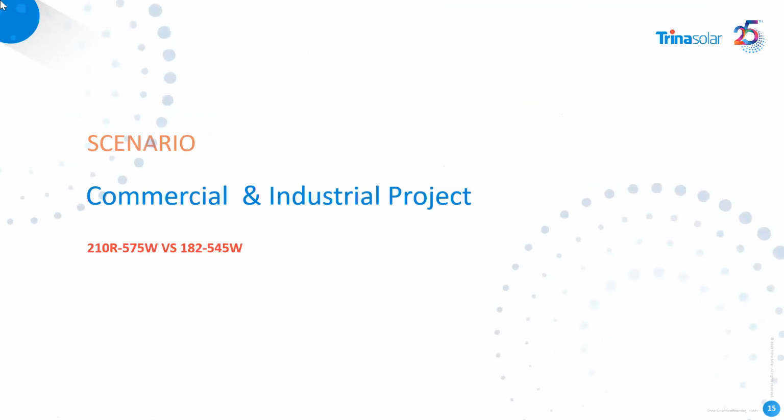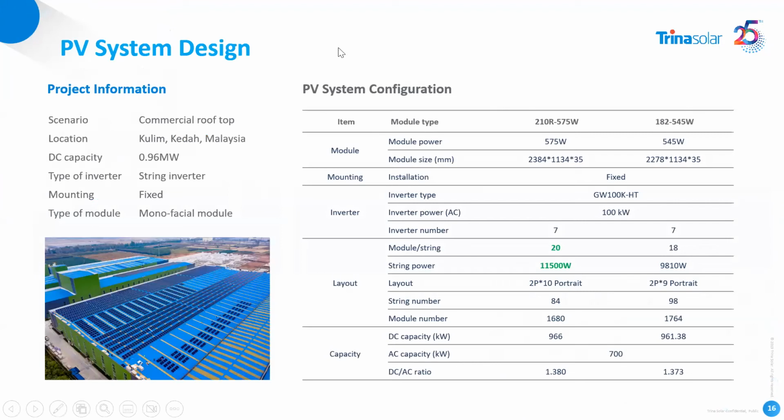So today, I want to share a scenario. We simulated, based on our parameters for a commercial and industrial project, our 575 watt panel, which we call DE19R, versus the 182 traditional 545 watt panel.